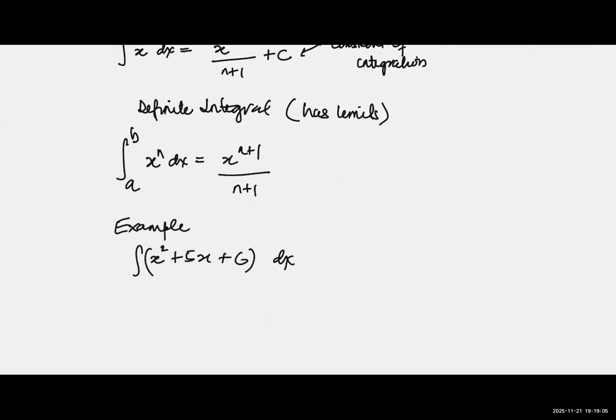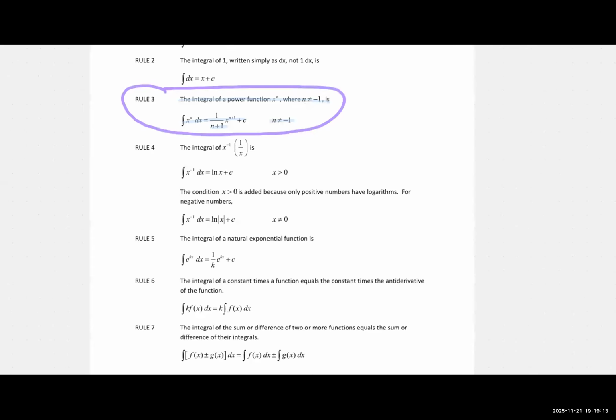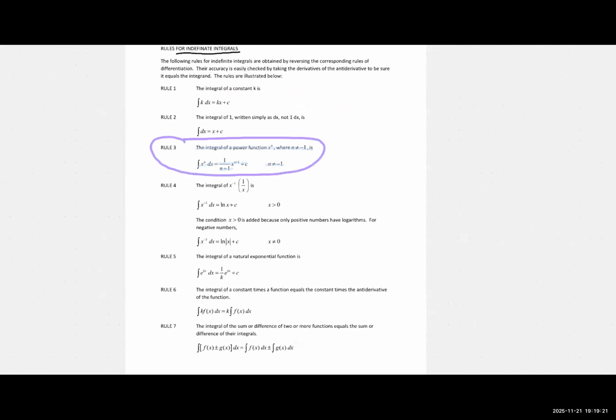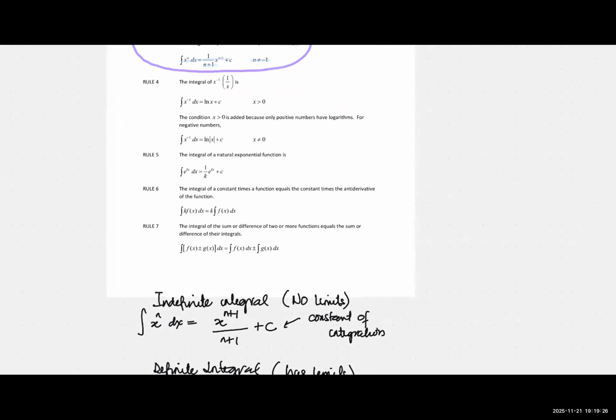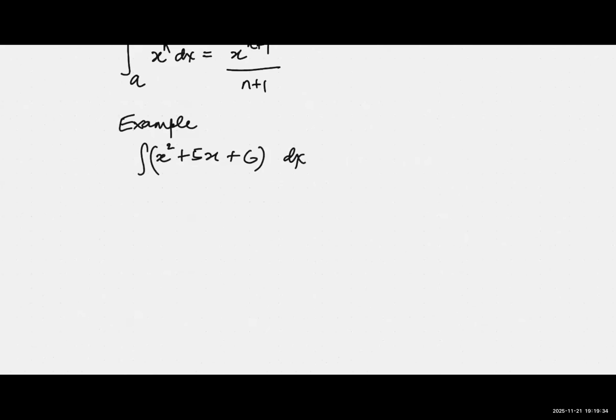I'm adding 1 to the power and I'm dividing by the new power. X to the third divided by 3 plus. What power is that x for the 5 written to again? 1. Good job. So this will become now 5x to the second power divided by 2.